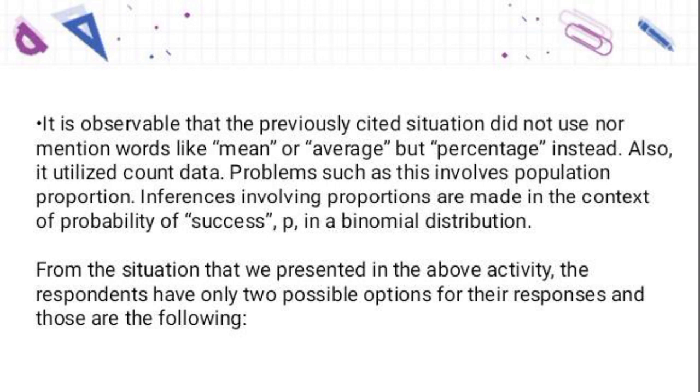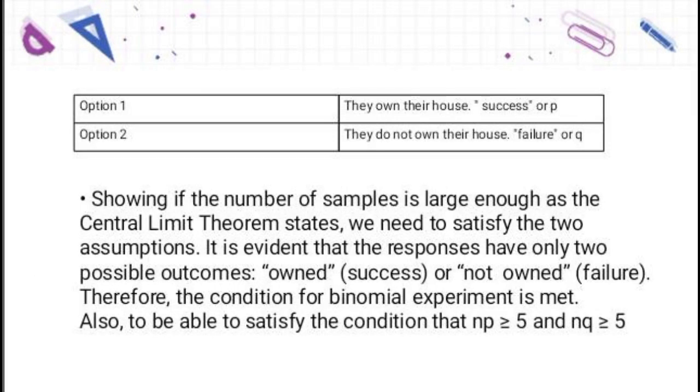From the situation that we presented in the above activity, the respondents have only two possible options for their responses, and those are the following. Option 1. They own their house, success or P. Option 2. They do not own their house, failure or Q.